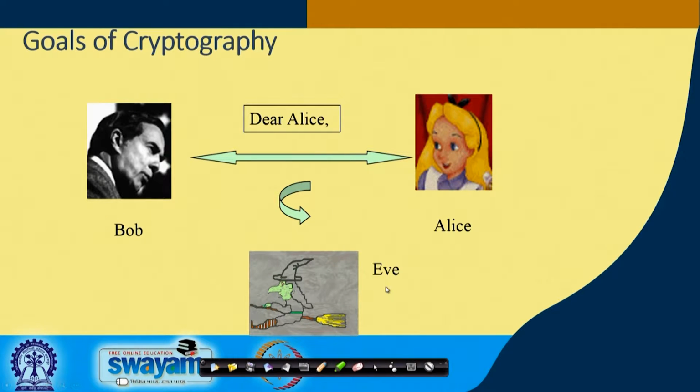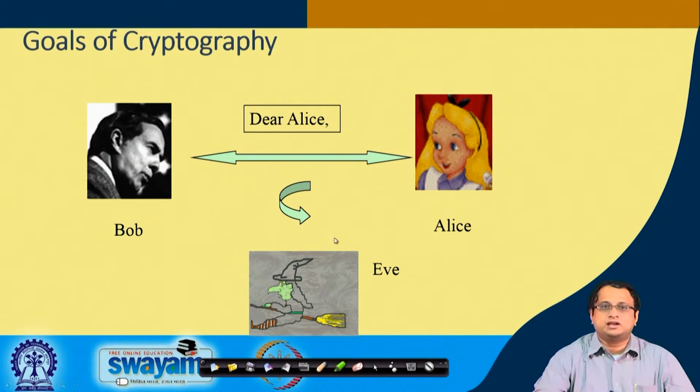Eve is interested to know the communication being done between Bob and Alice. In order to prohibit Eve from getting access to this information, Bob resorts to cryptography. Bob applies cryptography to the data and communicates this information to Alice.